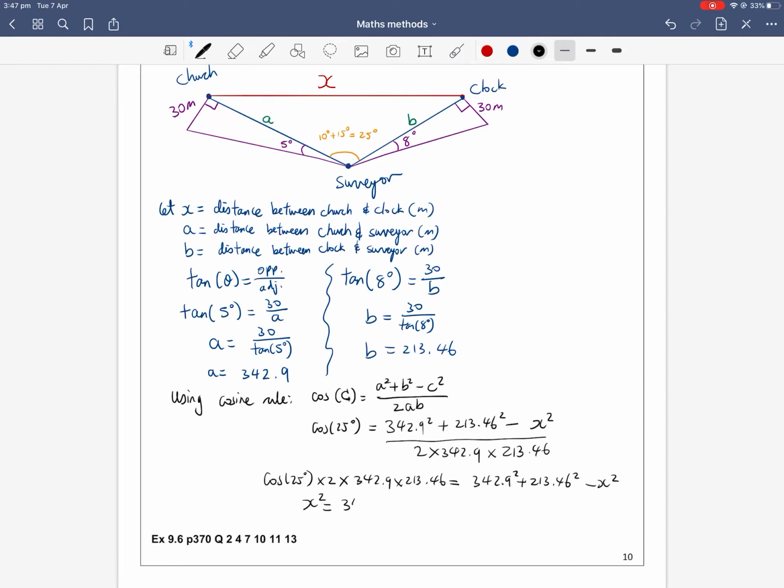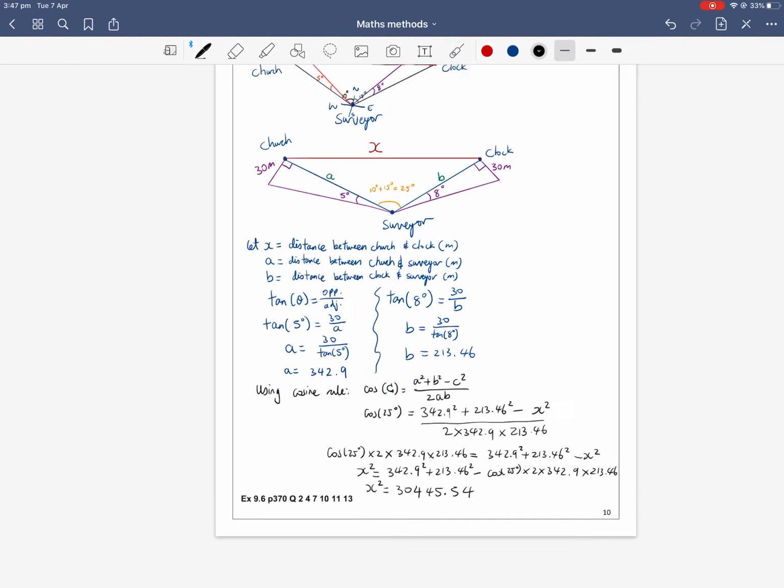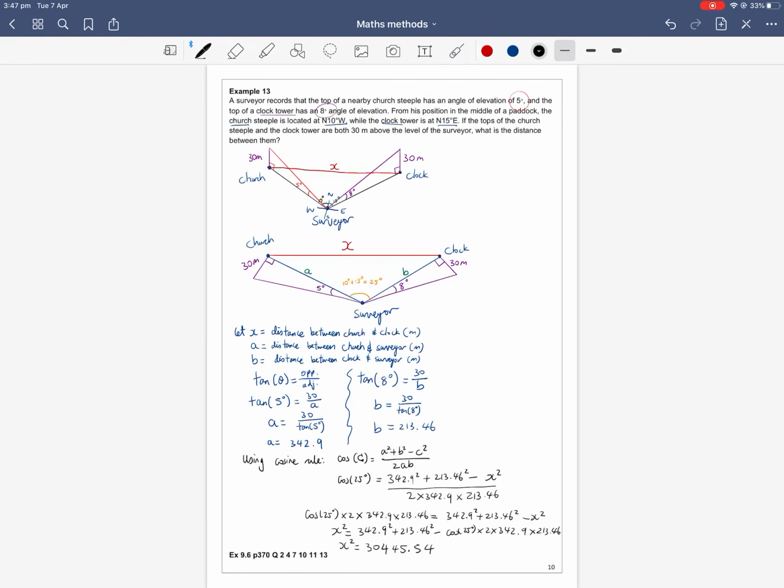So x squared is 342.9 squared plus 213.46 squared minus cos 25 lots of 2 lots of 342.9 lots of 213.46. So x squared on a calculator is 30445.54. Oops, I'm out of space. Let me create a bit more space up here.